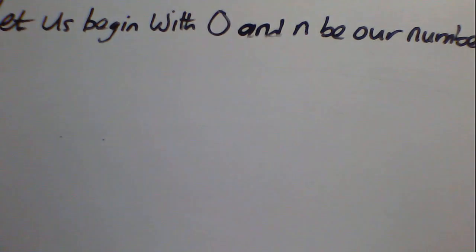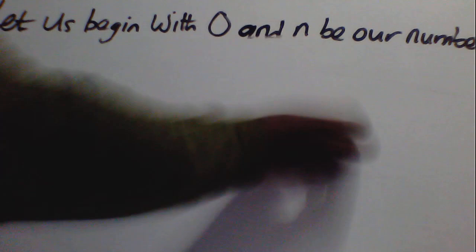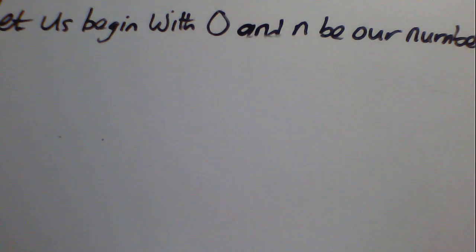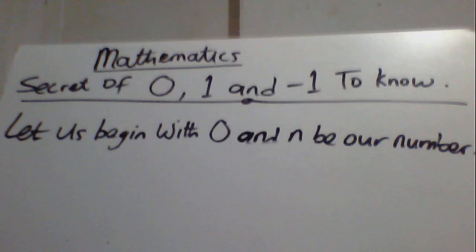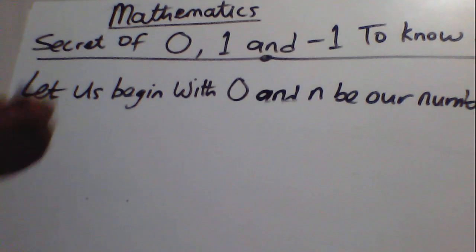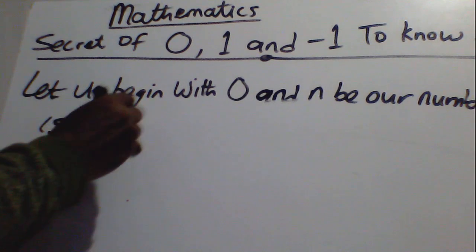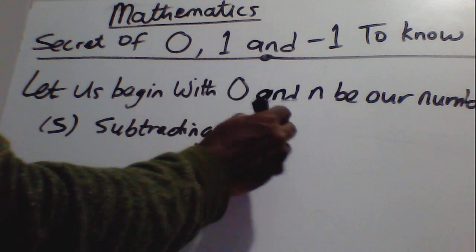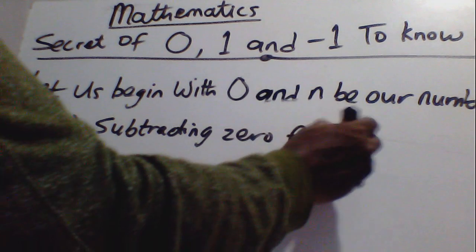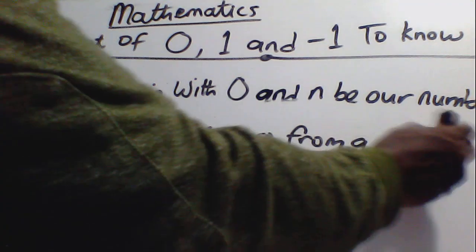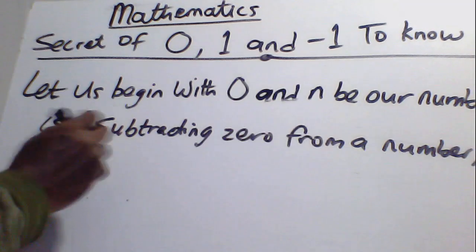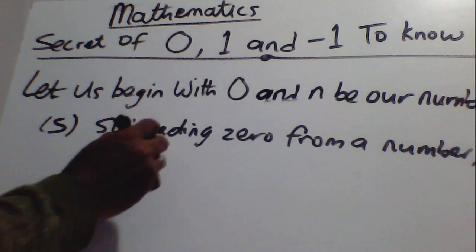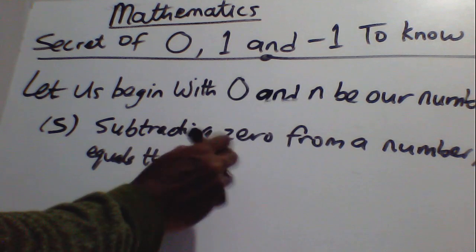So the fifth is subtracting 0 from a number equals what? Equals the number. Subtracting 0 from a number equals the number.